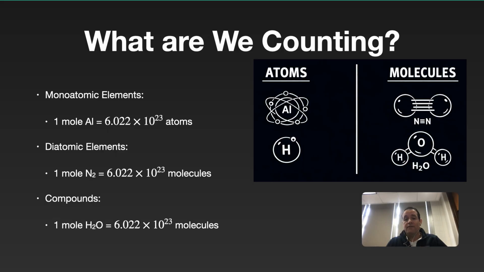So 1 mole of nitrogen gas contains a mole of molecules, because N2 is a molecule of 2 nitrogen atoms. Or we might say 1 mole of H2O is going to be a very large quantity of water molecules. Mole is a large quantity. Molecule is just 1 single unit.